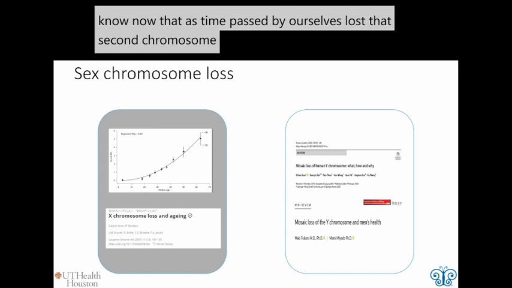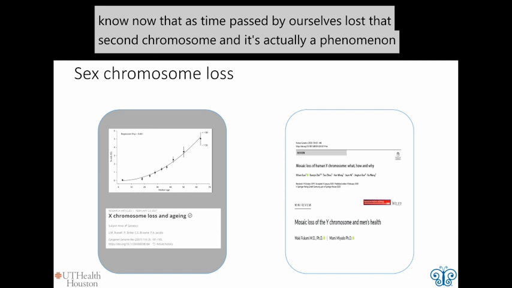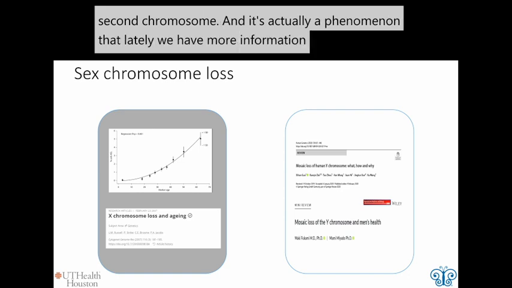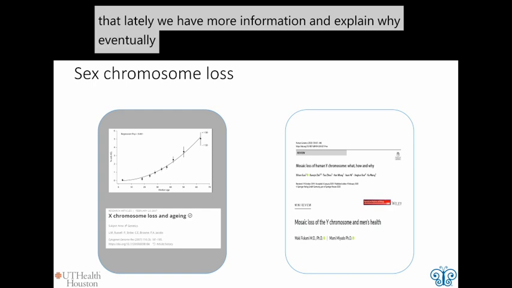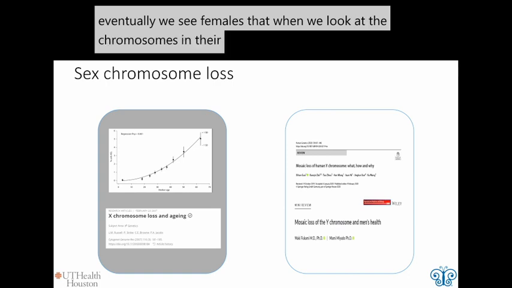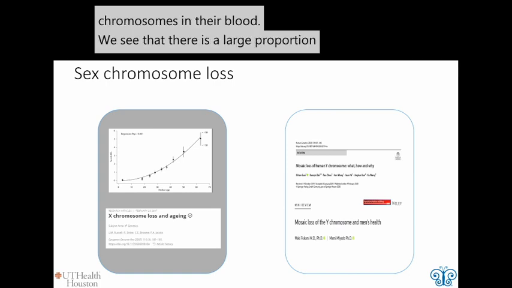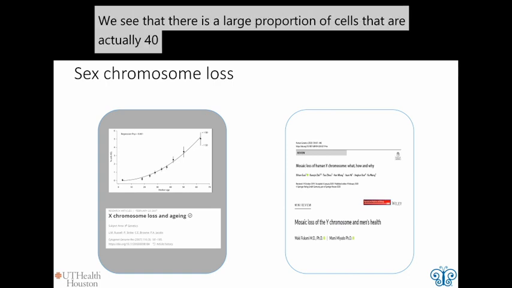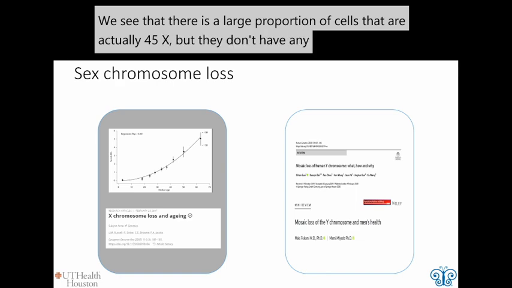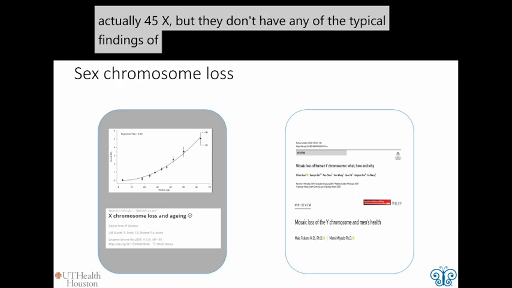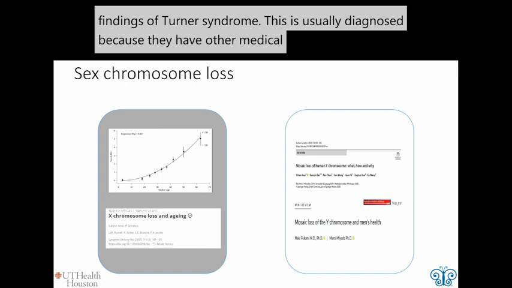It's actually a phenomenon that lately we have more information about, and it explains why eventually we see females that, when we look at the chromosomes in the blood, have a large proportion of cells that are actually 45,X, but they don't have any of the typical findings of Turner syndrome. This is usually diagnosed because they have other medical problems, particularly cardiovascular problems.